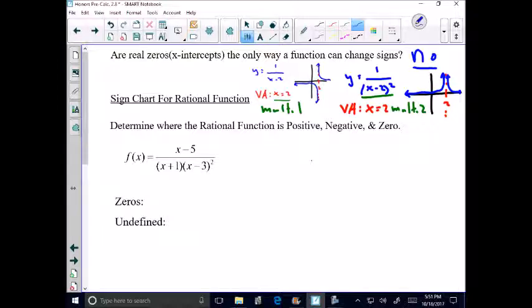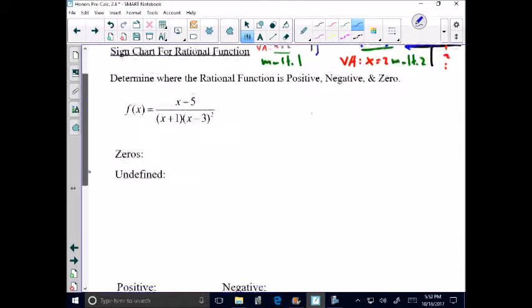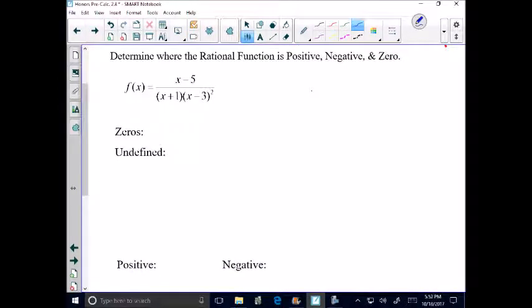So in general, looking at the evaluation of a sign chart for our f of x right here, I'm going to get the zeros, and these are the x-intercepts, and these are going to come from zeros of the numerator.